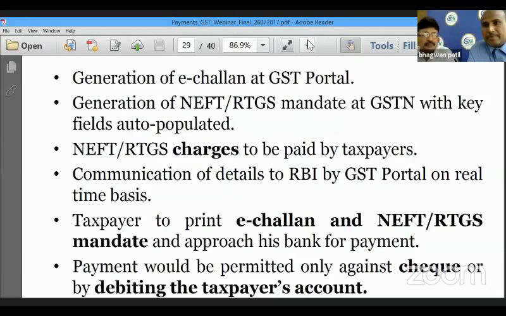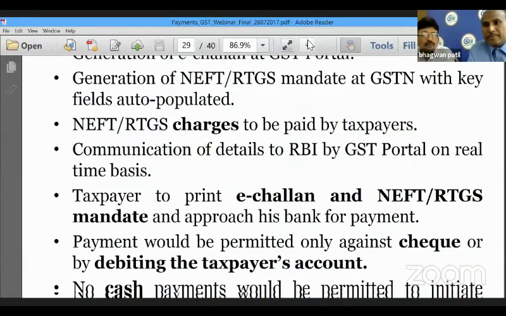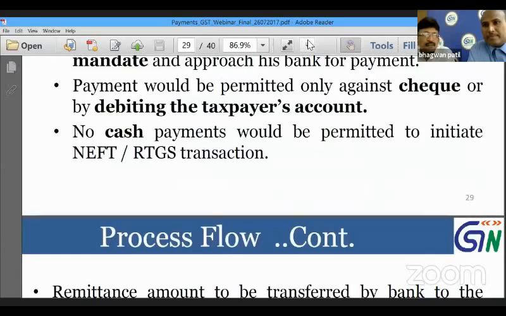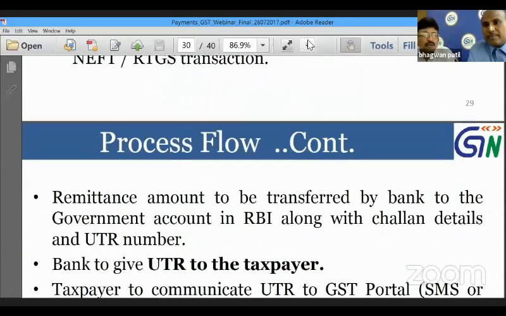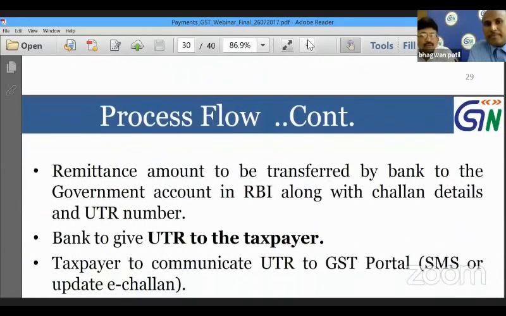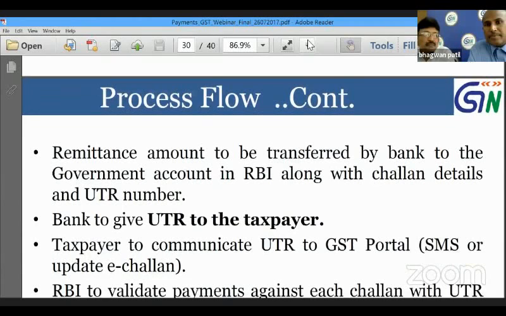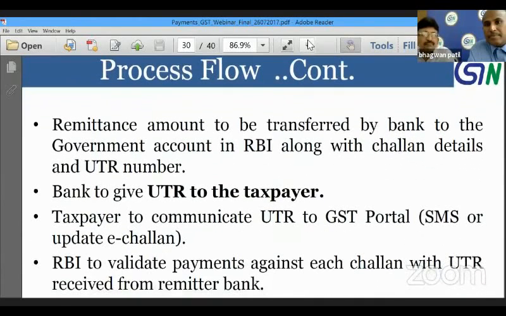On the basis of that CPIN, you will be getting a receipt. That will be the proof that you have paid the required security or the penalty amount. So in that case, the challan status will be paid at tax office.